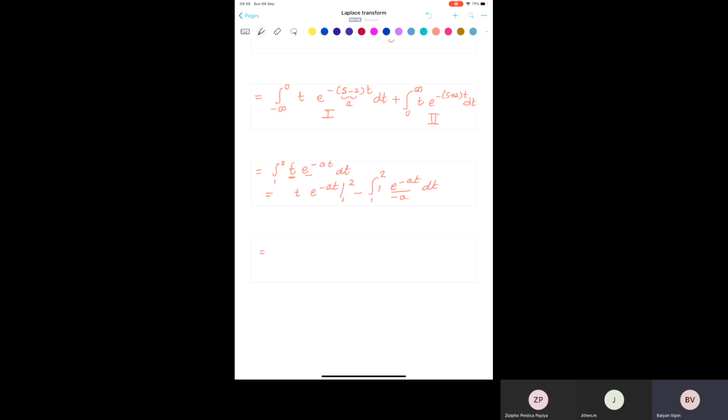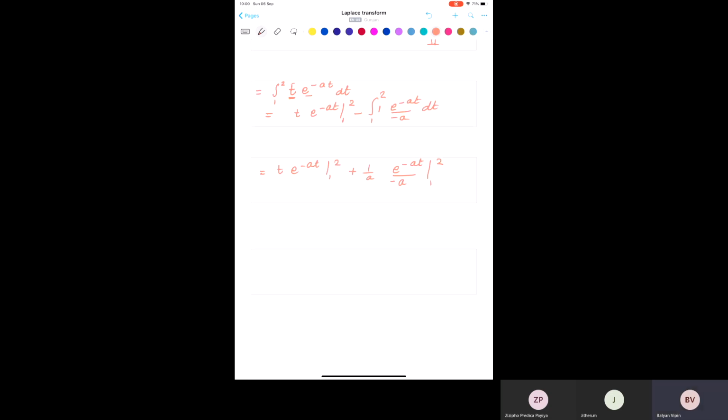So it will be t, it will be plus 1 upon a. Now you put the values of your a and 1 and 2.